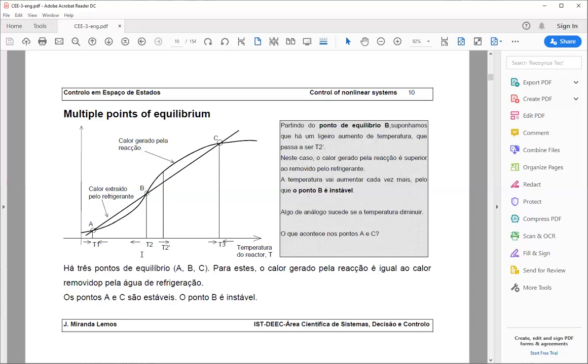And the other thing which is nice is that one of the equilibrium points is unstable and the other two are stable. So it's pointless to say that the system is stable or unstable. What you can say about stability is concerned with equilibrium points, not with the system.